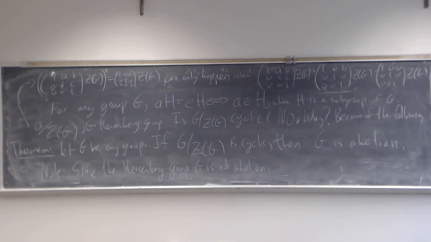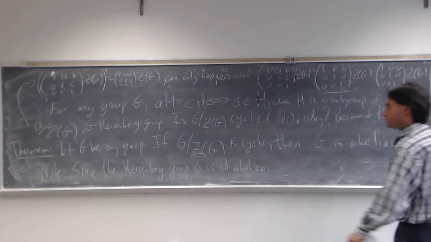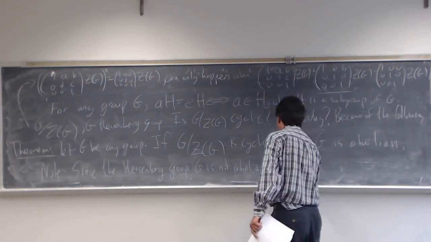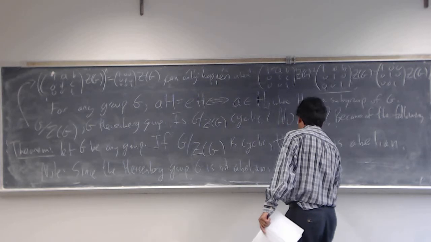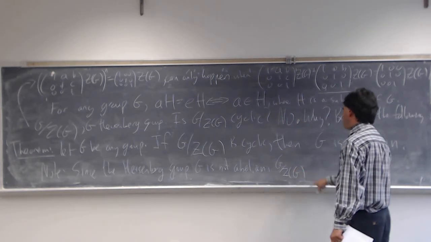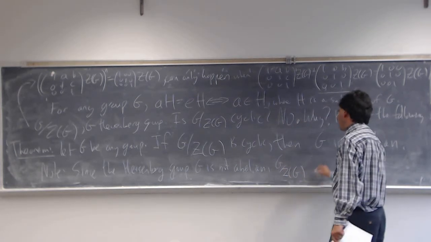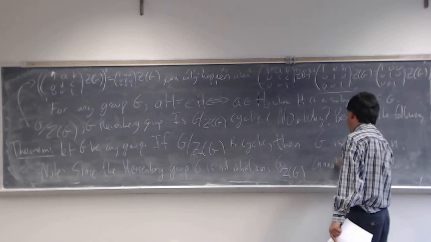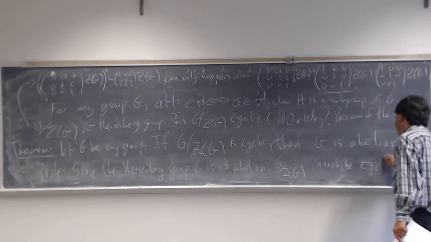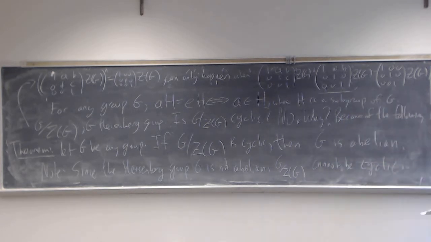I think I asked you to show it's a non-abelian group. Then the factor group, the quotient of G mod the center, cannot be cyclic. Right? Because if the Heisenberg group mod the center was cyclic, then that theorem would guarantee that the Heisenberg group itself has to be abelian.